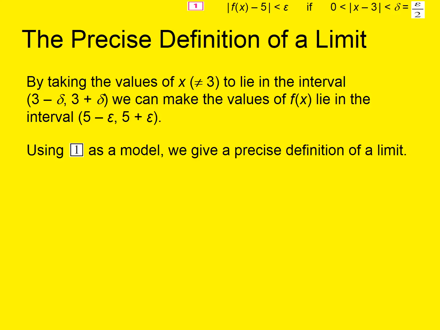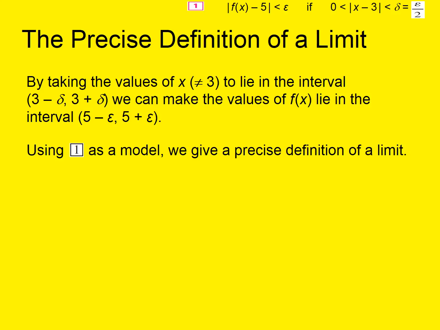By taking the values of x, which is not equal to 3, to lie in the interval 3 minus delta, 3 plus delta, we think of that as a small interval about 3. We can make the values of f of x lie in a small interval about 5: 5 minus epsilon, 5 plus epsilon.